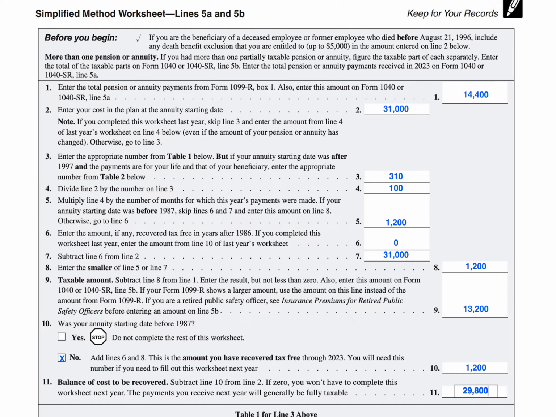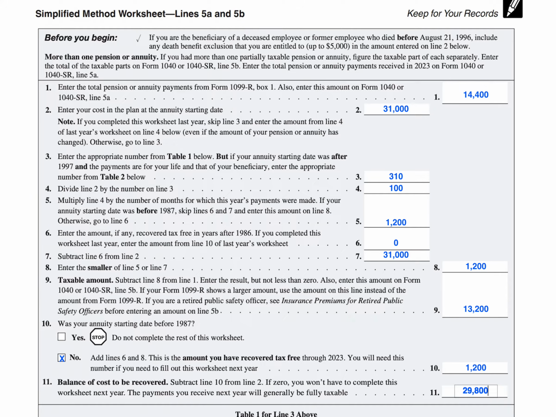And on your annuity start date, either you are under the age of 75 or you are entitled to less than 5 years of guaranteed payments, and your annuity start date is after November 18th, 1986. If those situations are true, then you do need to use the simplified method worksheet to calculate the tax-free part of your annuity payments.